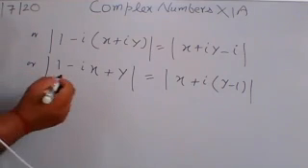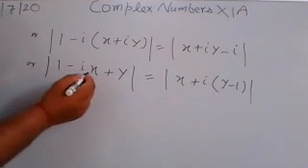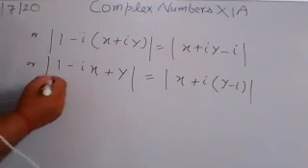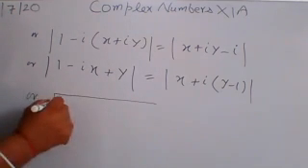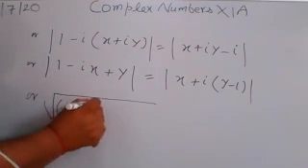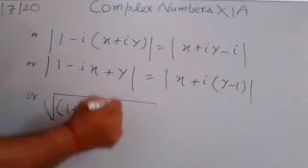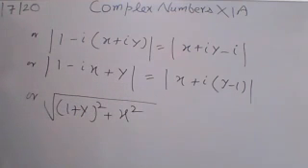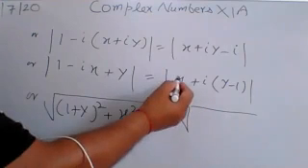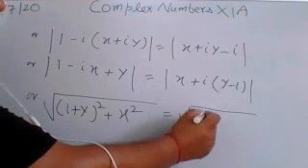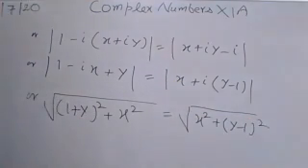Now, here you have real part is 1 plus y and imaginary part is minus x. So if you are taking its value, what is that? You have under root of (1 plus y) whole square plus x square, means square root of the square of the real part plus the square of the imaginary part. And that is equal to, again, here you have real part x, so you have under root of x square plus (y minus 1) whole square.